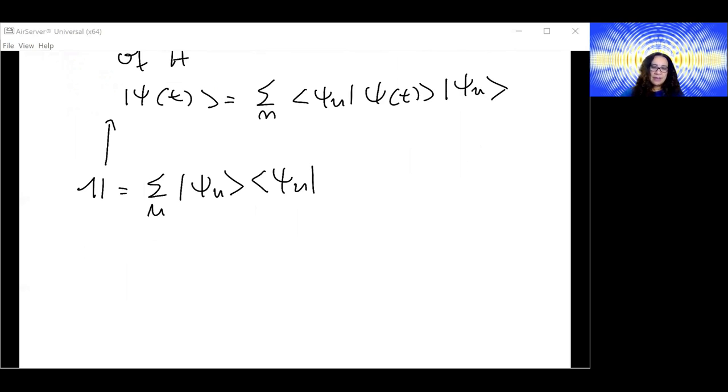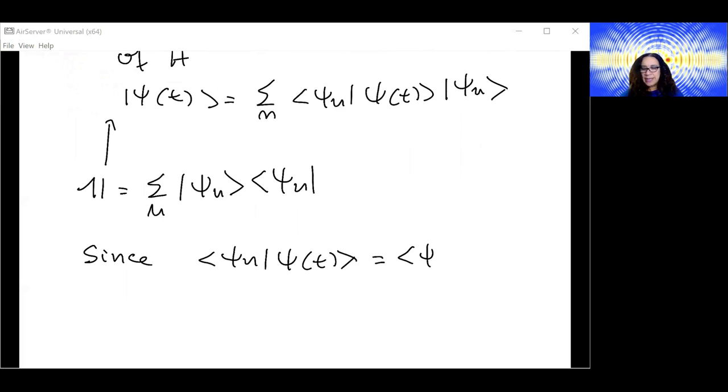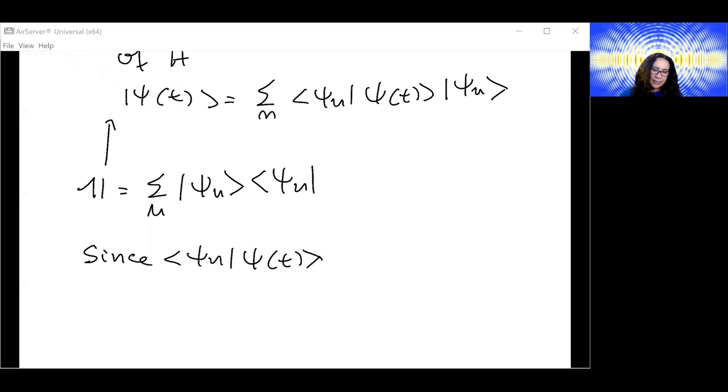And since we can say that ⟨ψn|ψ(t)⟩ is equal to ⟨ψn|U(t,t0)|ψ(t0)⟩. You see what I'm doing? I want to write this in a way that takes into account this time evolution. So I'm going to write ψ(t) as U(t,t0)ψ(t0).